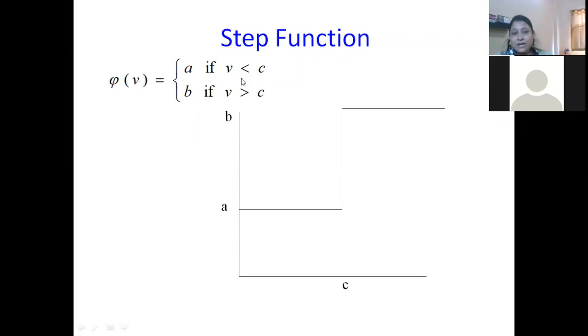And whenever the net value v is greater than c, that means if v has a value here or here or here in this zone, automatically the output variable, the function of v, is attaining the level of b.